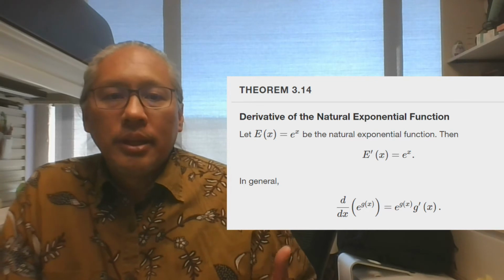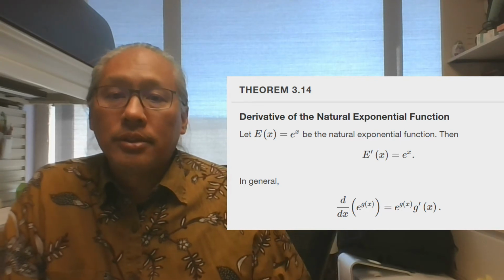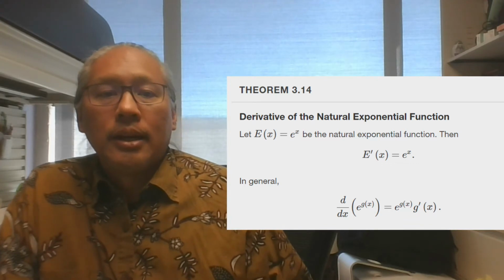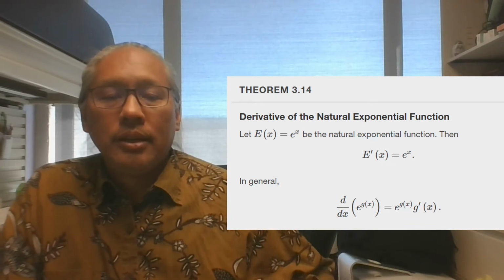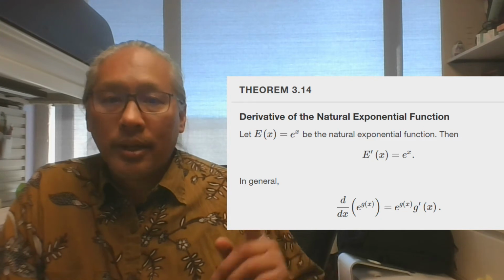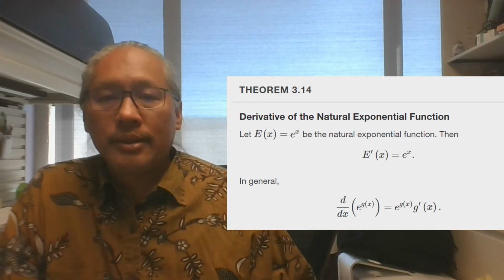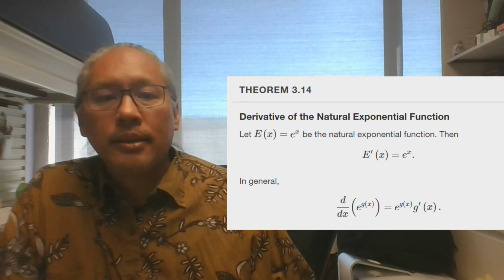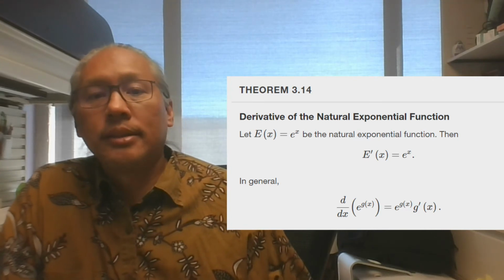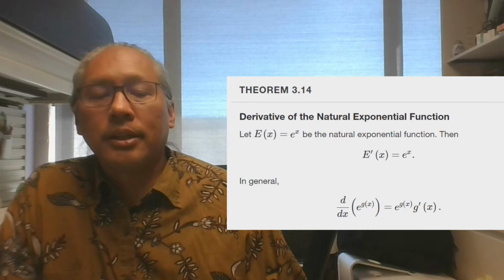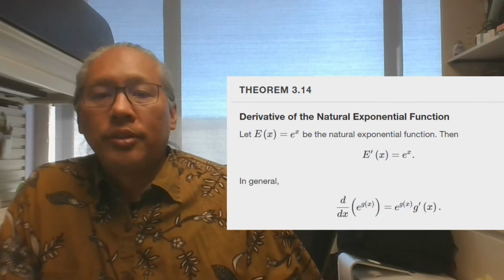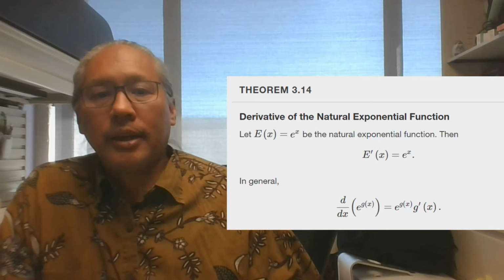If that's equal to e to the x, then its derivative is also equal to e to the x. And this is assuming that the derivative of e to the x evaluated at 0 is equal to 1, and that's that limit that we saw in the previous slide. So this is why e to the x is a very special function in calculus. It's because this is the only function whose derivative is itself again.